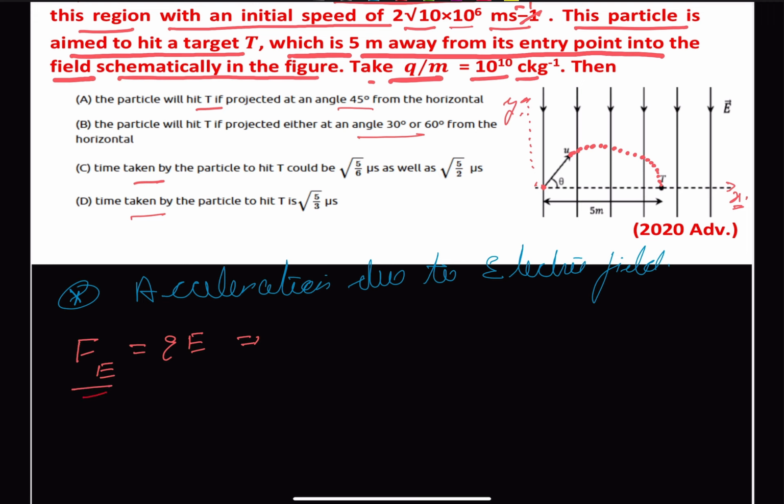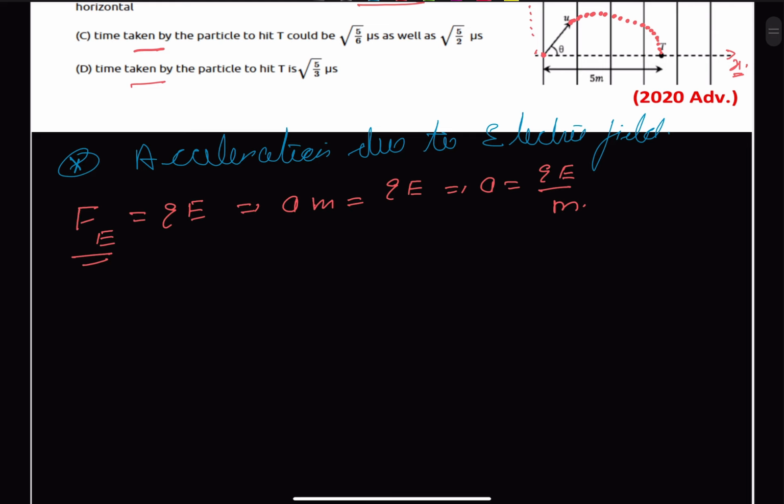Then this force we can write as mass times acceleration is equal to q into E, which gives us acceleration is equal to q multiplied by E divided by m. So we can just substitute the value.